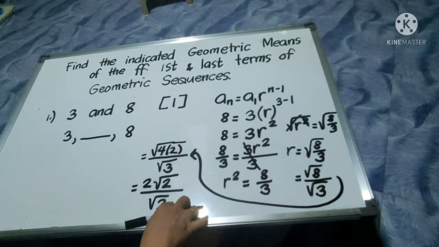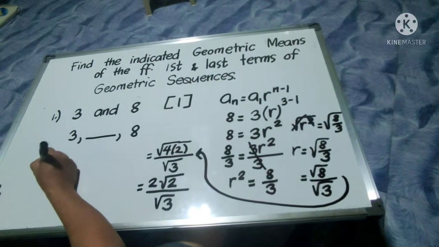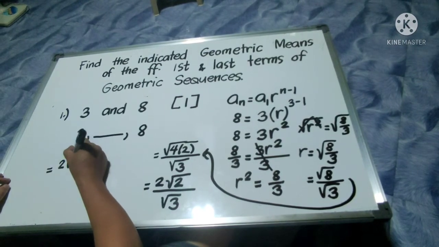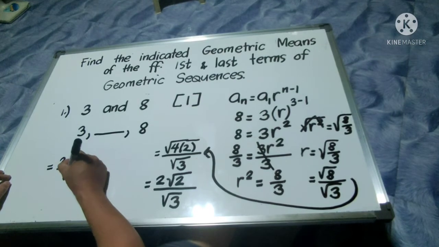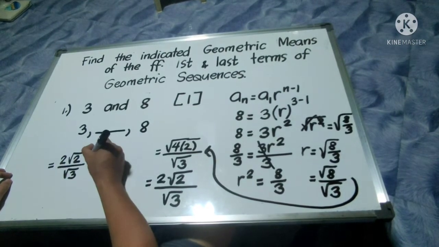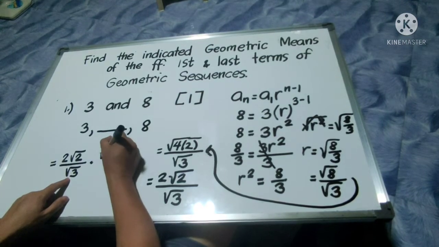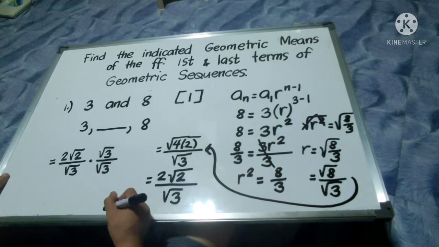So by rationalization, I will just write the continuation here. By rationalization, you will have 2 the square root of 2 over the square root of 3. Multiply it by the denominator, the square root of 3 over the square root of 3.